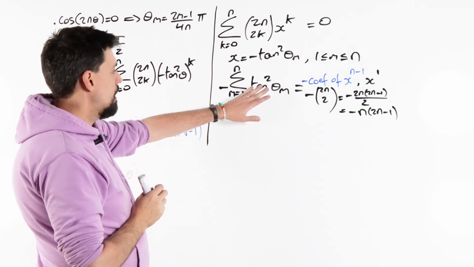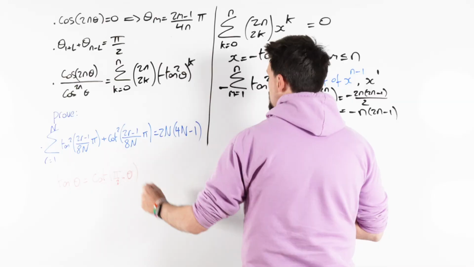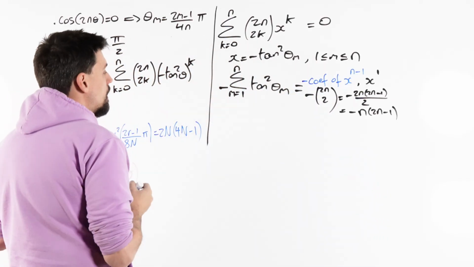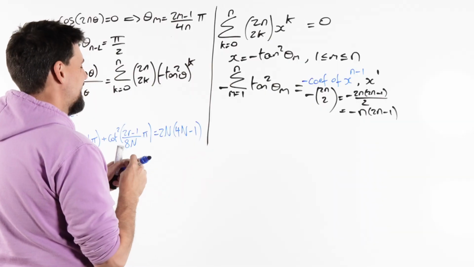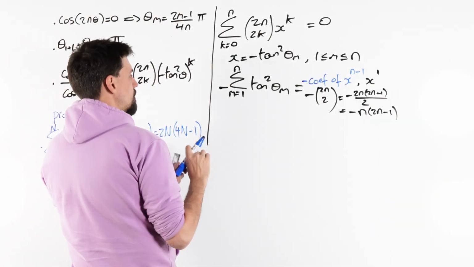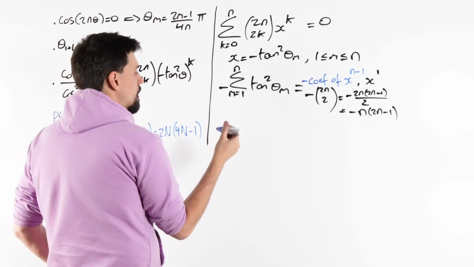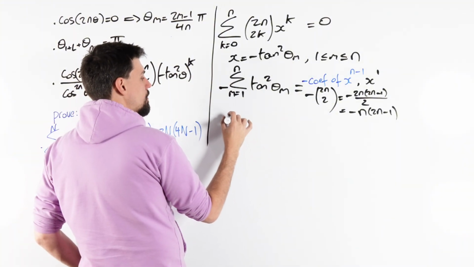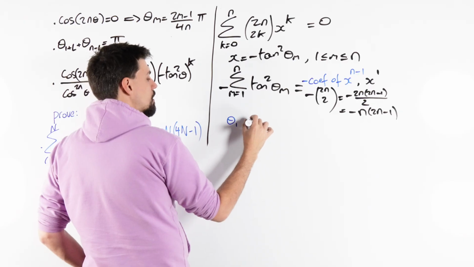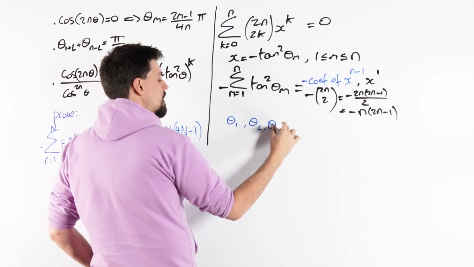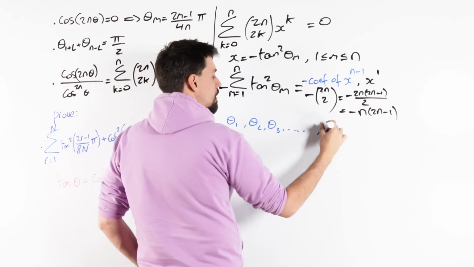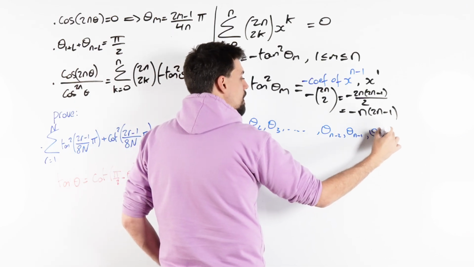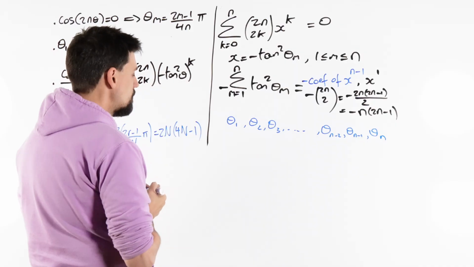Now, how are we going to get the cots in? Who let the cots in? What we are going to do is pair these up. Fundamentally what I've got here is θ_1, θ_2, θ_3, up to θ_(n-2), θ_(n-1), θ_n.